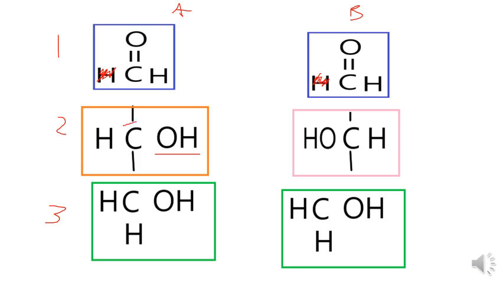We swap the OH, and so it doesn't make a difference. We're going to look at this carbon here and see if it has 4 different things attached to it. If it does, then it does make a difference, and these two structures are different.